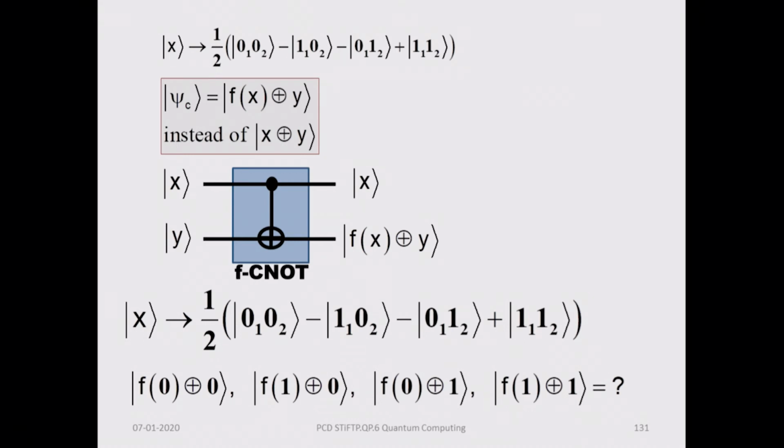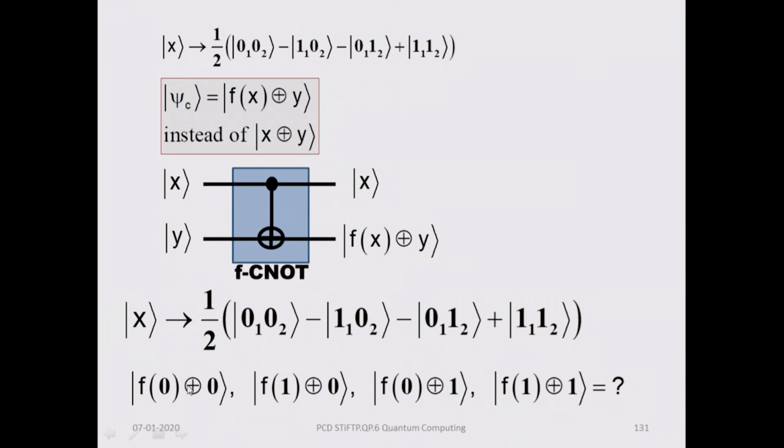So, what is f0 XOR with 0, because x is 0, y is also 0 for the first term. For the second term, x is 1, y is 0. For the third term, x is 0, y is 1, and for the fourth term, x and y are both 1. So, for the first term, you will have to find f(x) XOR y. So, f(x) is f(0), then this is y.